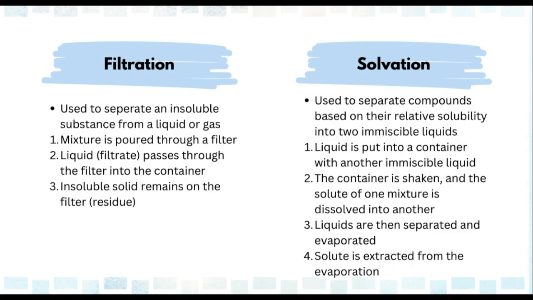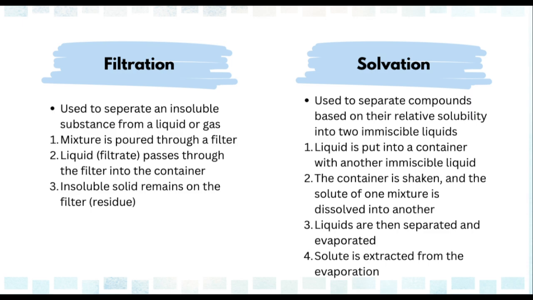Then we can talk about solvation. Solvation is a general term that we use for separation techniques based on solubility into two immiscible liquids. As we talked about earlier, with the separatory funnel, this is where you could use the method of solvation. A liquid is put into a container with another immiscible liquid.